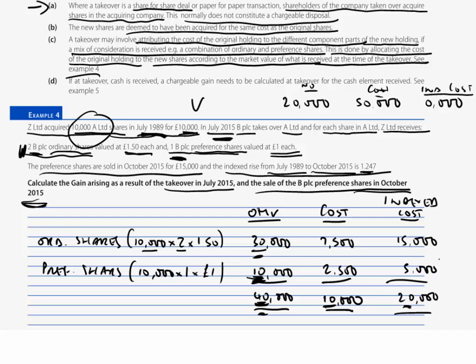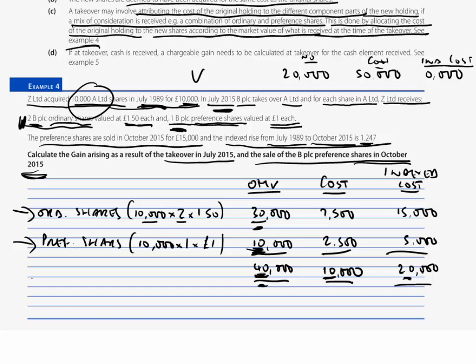That means at July 15 you could now set up two separate share pools, both of them being shares in BPLC, but one ordinary, the other preference. And what would they now say? Look at your ordinary shares. You now own how many ordinary shares in BPLC? 10,000 times 2 was 20,000 shares. So at July 15, you'd set up a share pool for ordinary shares in B that would read number of shares, 10,000 times 2, 20,000.